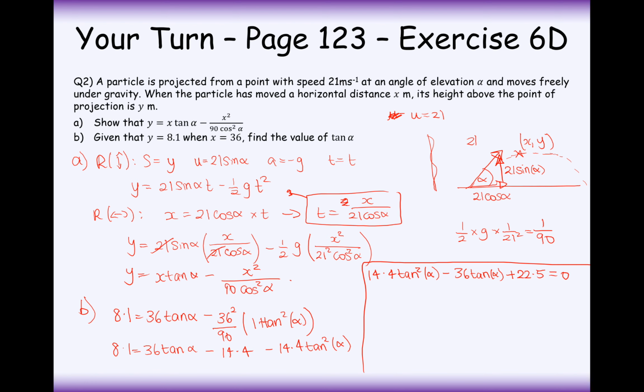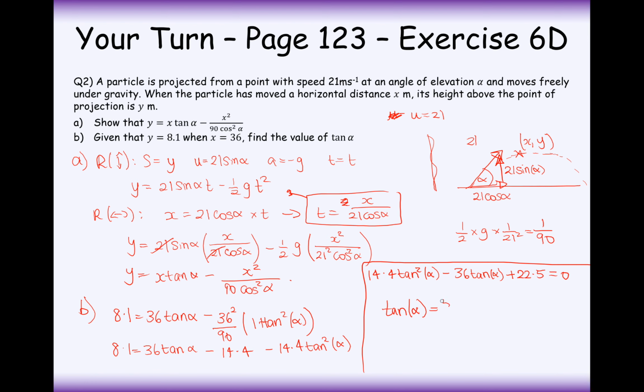So grabbing your calculator then, and it's going to be typing in the values. 14.4 times 2.5 divided by 2 times 14.4. So our answer here is going to be tan alpha. We're probably going to get two values of tan alpha.